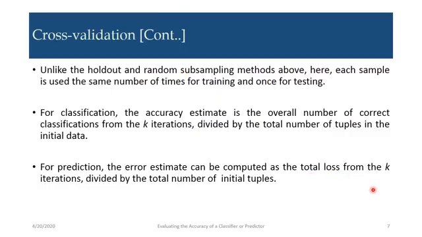It may be absolute error, root mean squared error, or squared error. These are the different functions used for total loss in the case of a predictor. As we have k folds, k times we calculate the error using any of the loss functions. Then finally we calculate the aggregate, the average value of the error rate, by dividing the summation of errors by the total number of initial tuples.